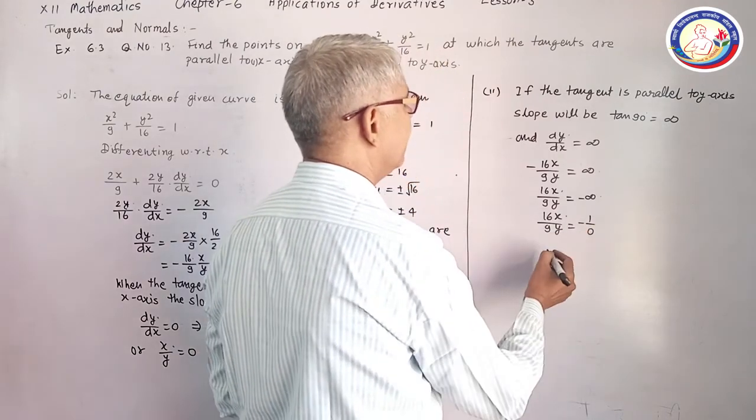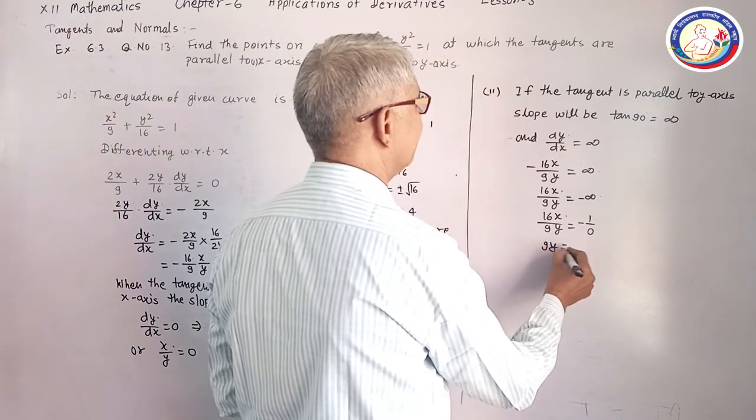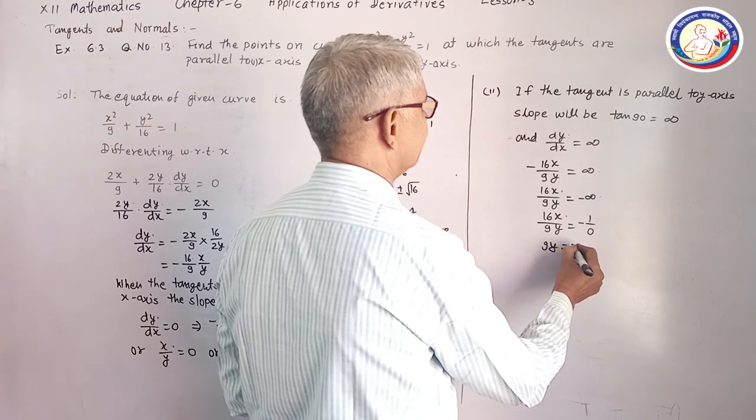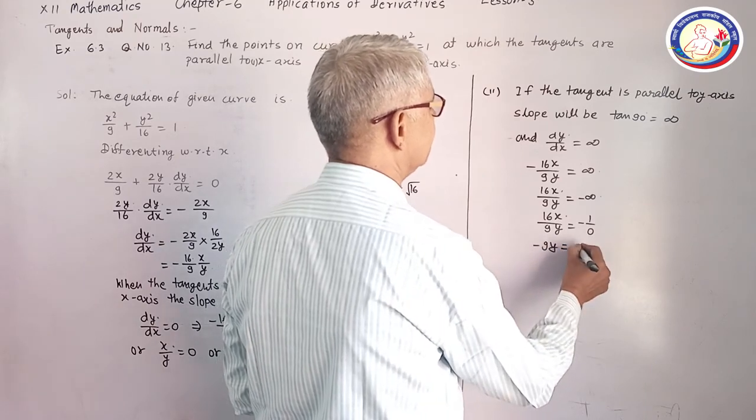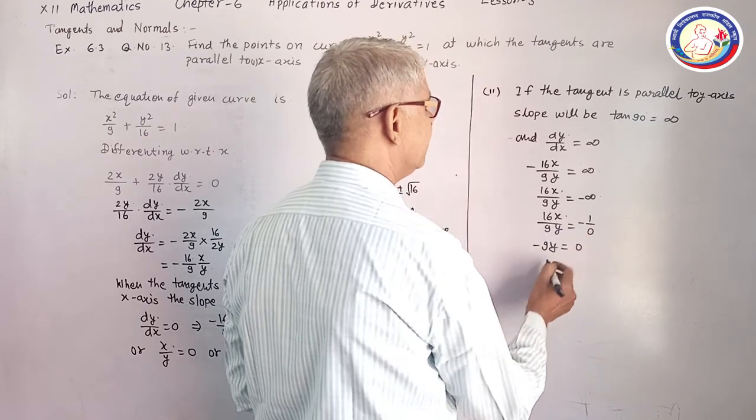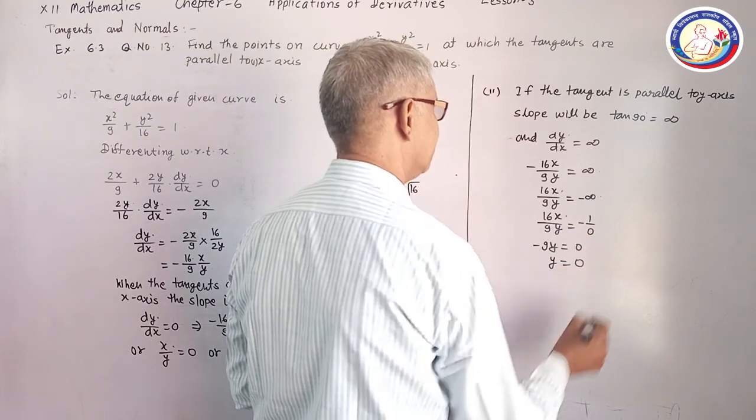Cross multiplying, we will get 9y equal to 0, because 16x into 0 is 0. So y equal to 0.